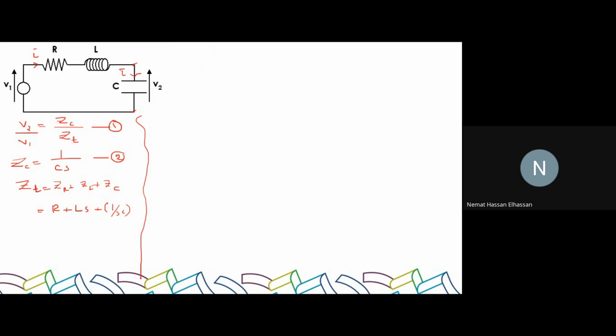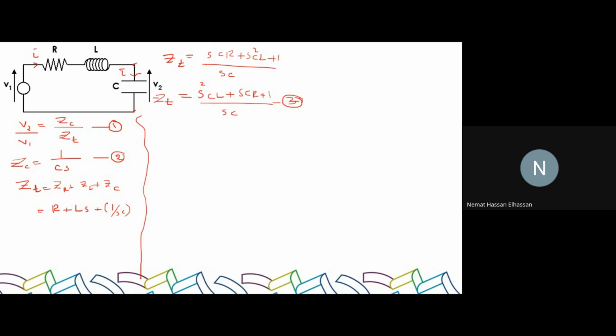All I have to do now is unify this denominator so that I can have a single fraction, where the common denominator will be SC. So it will be S squared LC plus SCR plus 1, all over SC. I'll rearrange it so that the highest power of S comes first. That would be my Z total, and I'm going to call that equation number 3.